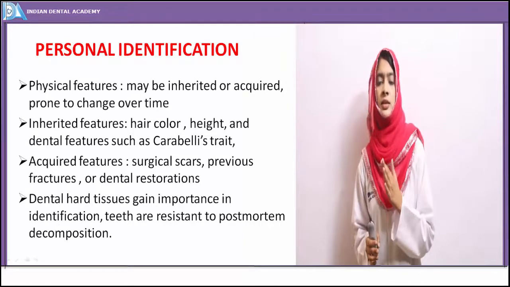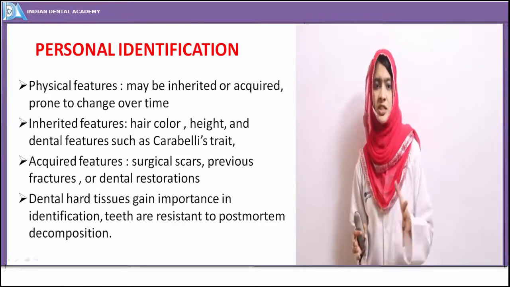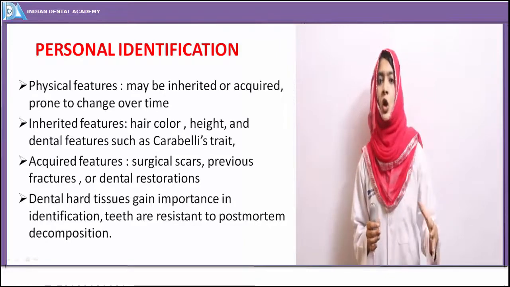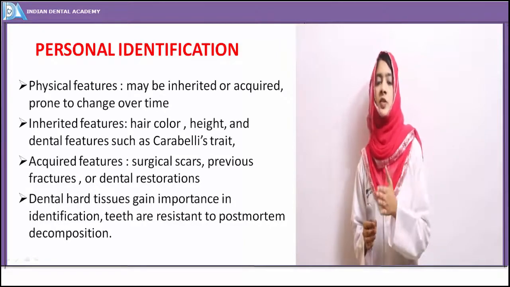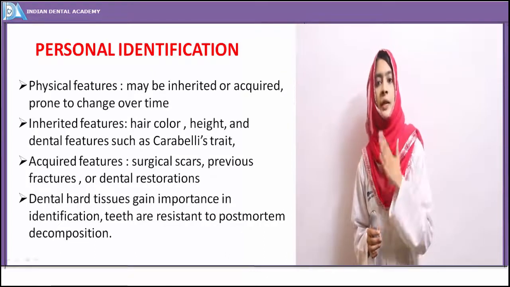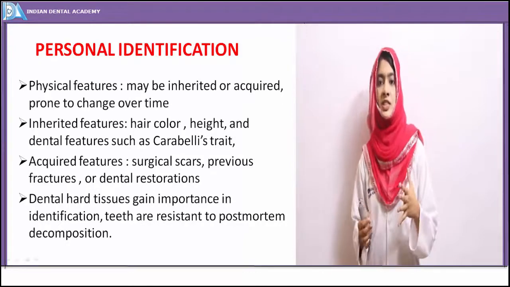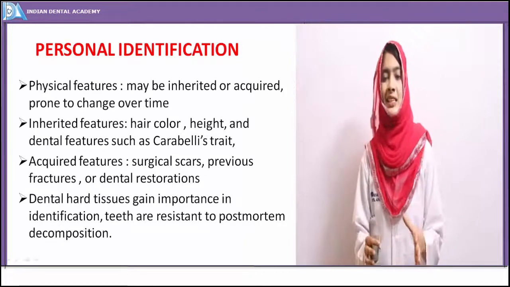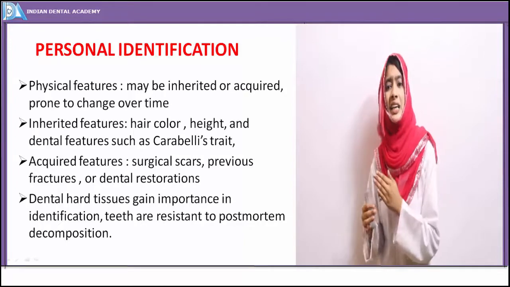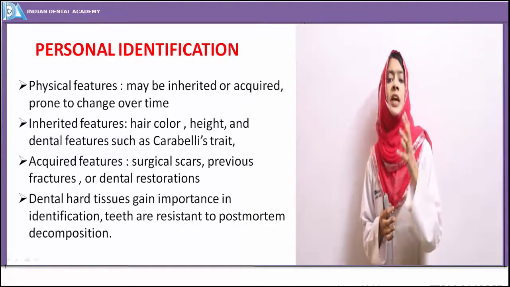The family members would identify the person either from his physical features, his physical appearance, or from his personal things like the clothes and jewelry. That method is relatively crude, because if the body is completely decomposed, damaged, or completely burnt, you may not be able to identify by physical features. Only the skeleton is remaining, and the soft tissue is completely burned. In that case, the forensics department comes and helps in identifying the individual.